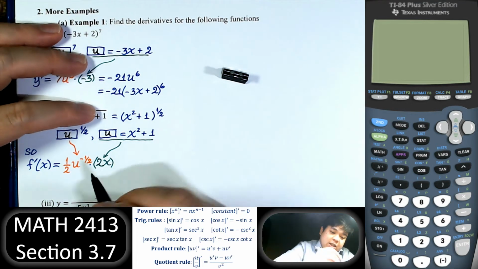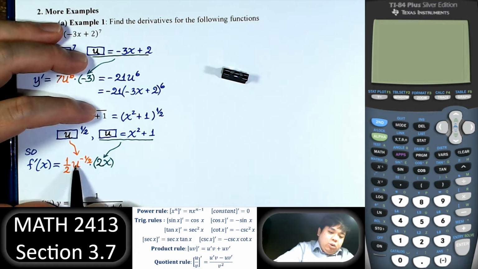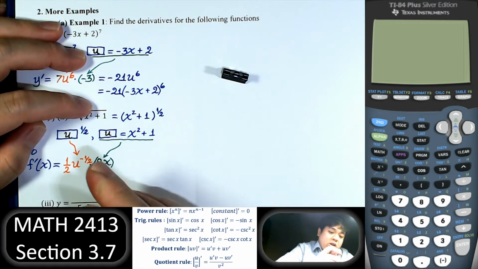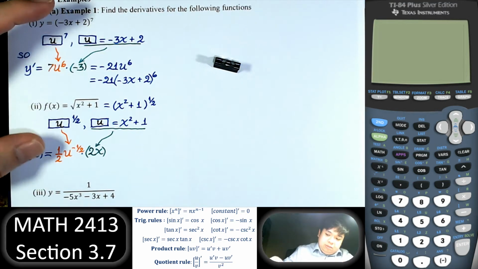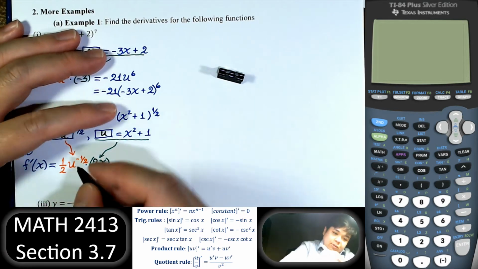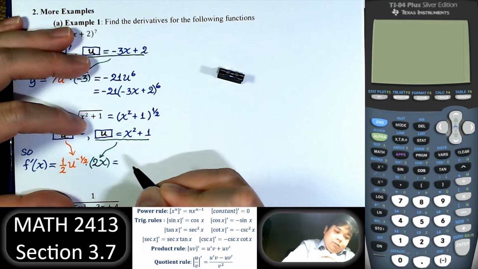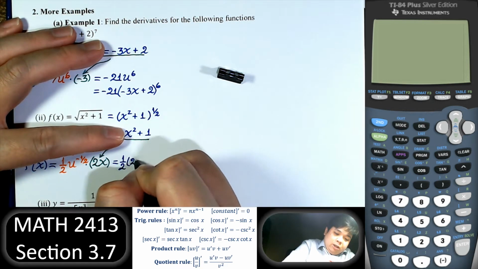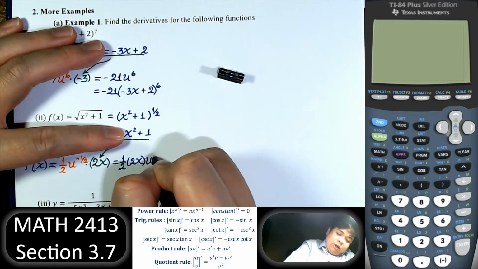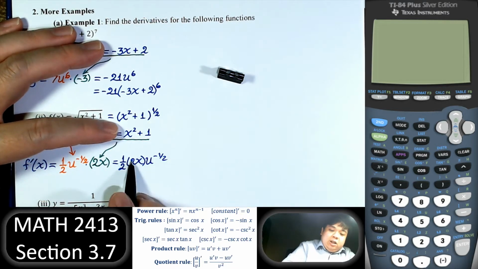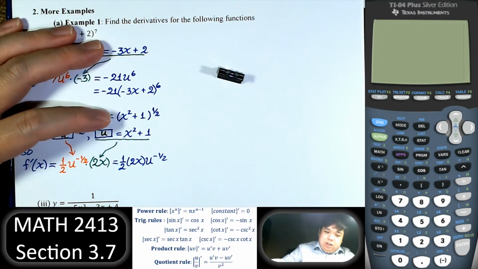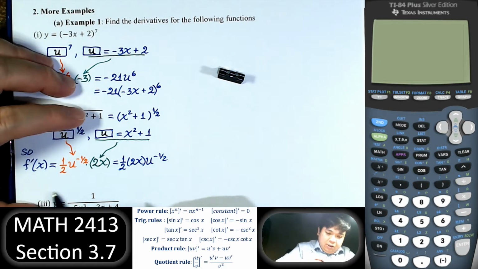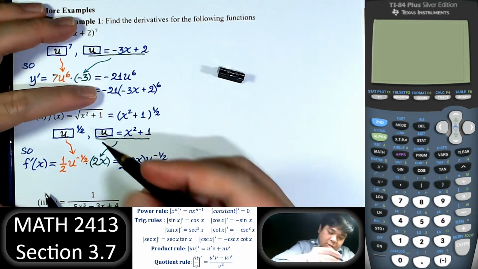So in that case, I can put the 2x in front. If this is just one term, I can just put the 2x in front. Or we have 1/2 times 2x u to the negative 1/2, and 1/2 times 2, so this cancels out.